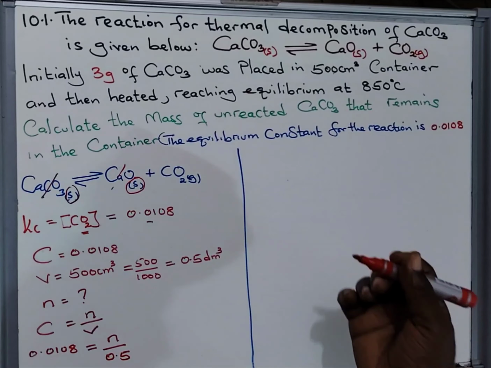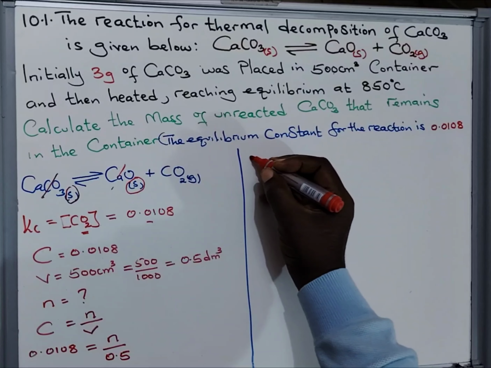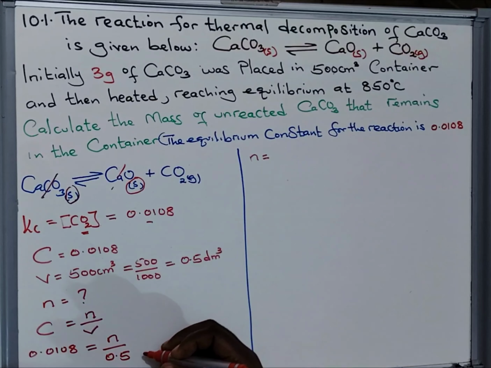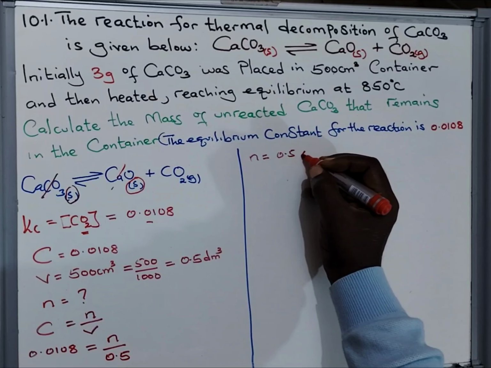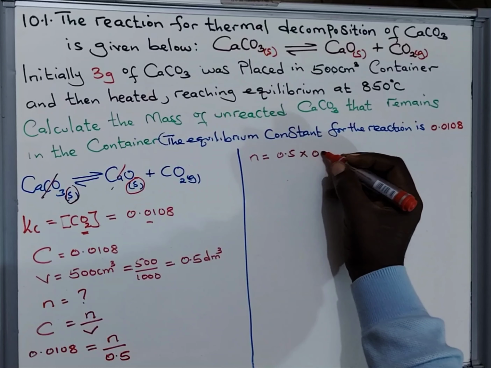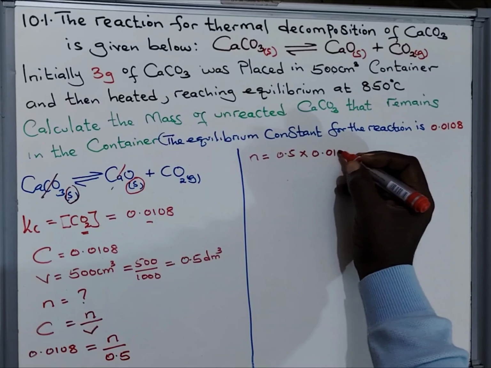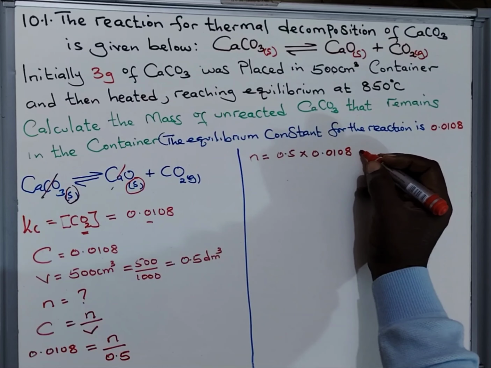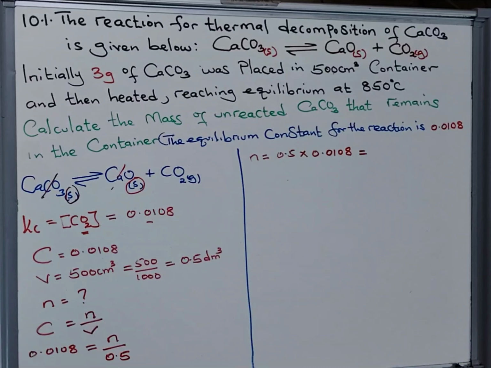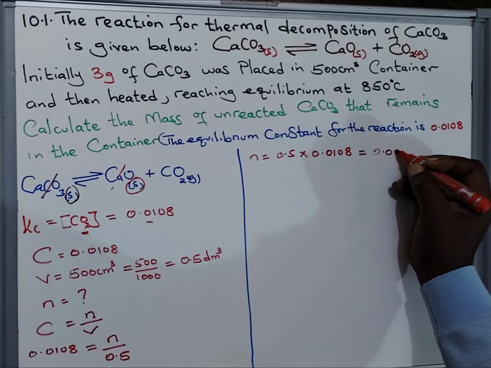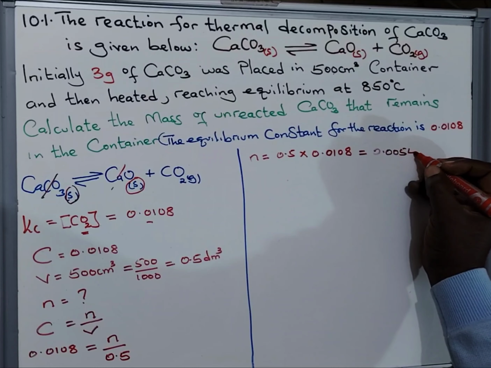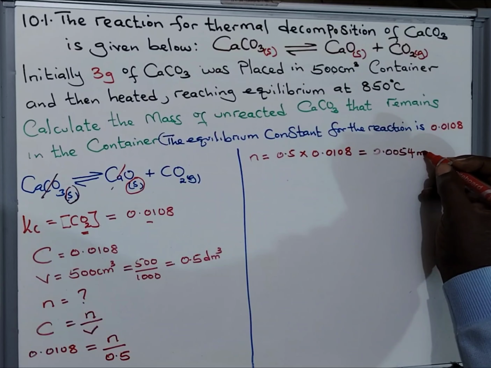From this, now we know the number of moles. Number of moles is going to be equal to, after cross multiplying, 0.5 times 0.0108, giving us 0.0054 moles.